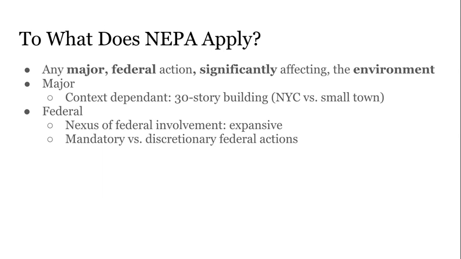When there are mandatory actions, then there is no federal action because it's not discretionary. Discretionary means the federal government has a choice. So when we say the nexus of federal involvement is expansive, and then we use mandatory versus discretionary federal actions, we can see that any approval process where the federal government can say either yes or no, or where the federal government is within the process, counts.